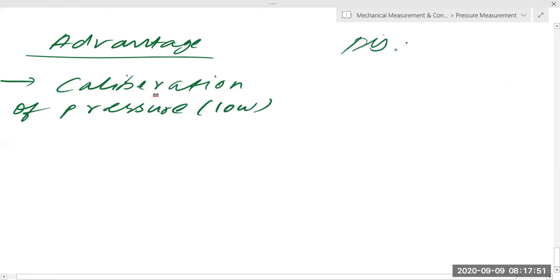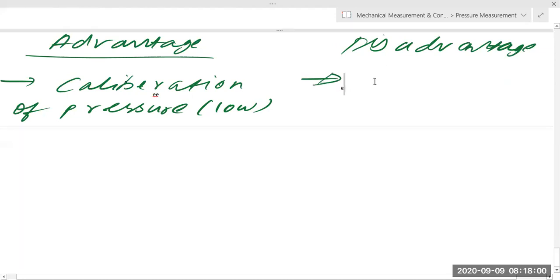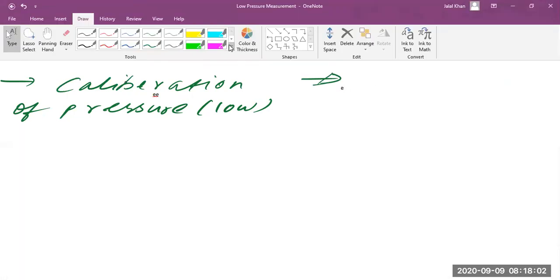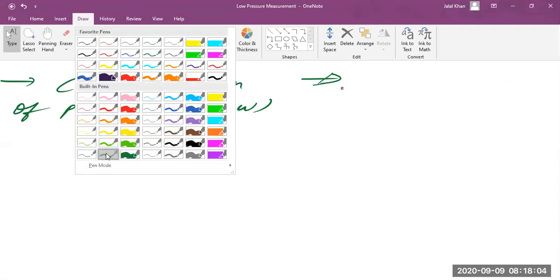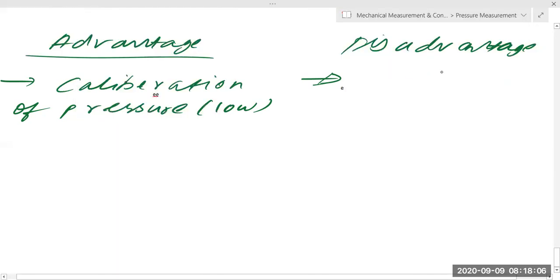If I want to list some disadvantages, I'll list them down also. This is not for a dynamic response, this is more for a static response, right? It cannot give you continuous output; it can only give you the output for the gas which you are going to use. So there is no continuous output, or you can write no dynamic response.